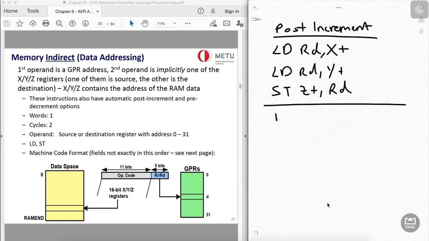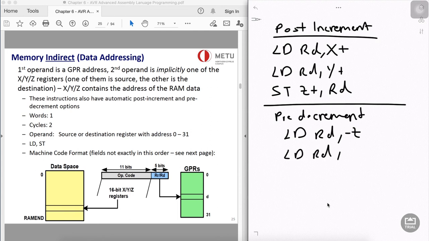And for the pre-decrement, this is going to be load Rd, minus X. So the operation changes. The minus comes in front of it. Load Rd, minus X and ST minus Y, Rr. So these are the cases that we can use. And we are not strict with this. It can be changed.